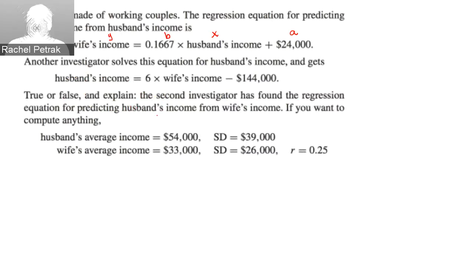Well, this is not a legitimate application here. This is going to be false. There are two regression lines, but the one for predicting husbands from wives has a different slope. The slope is 0.375, and this is actually illustrated in one of our examples in Chapter 10, Section 10.5.